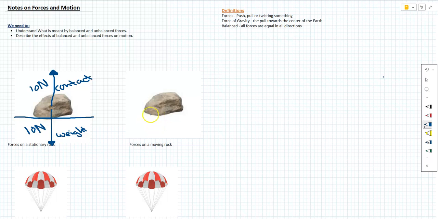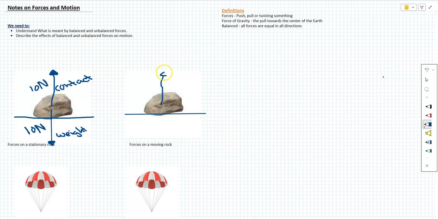But at this moment here, we now have a moving rock. So this rock is moving on this flat surface. Okay, we still have the contact force because it's still touching the surface over here.